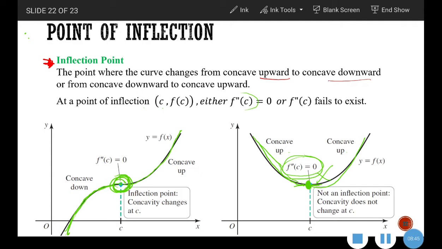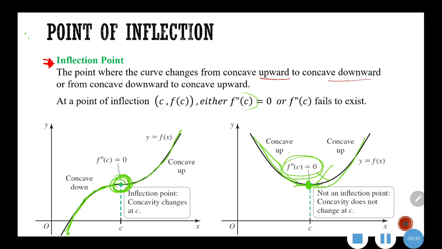But what if the curve is not given to you, but instead you are given the equation? So you may also determine where the inflection point is through an equation by finding at what point it will make f double prime x equal to 0. So an inflection point occurs at a critical number.